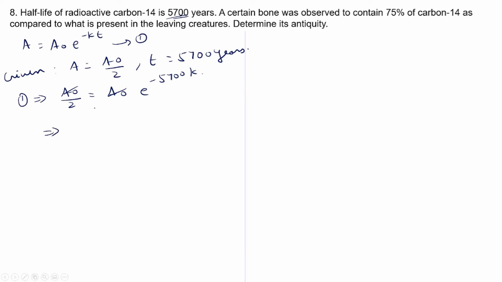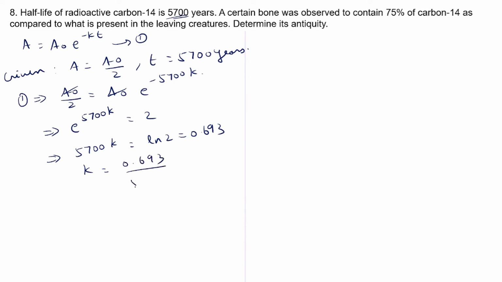Or from this we have half is equal to e raised to minus 5700 k, which means e raised to 5700 k equal to 2. Now if we take log on both sides, we have 5700 k is equal to ln 2. This is 0.693. So from this we have k is equal to 0.693 upon 5700.